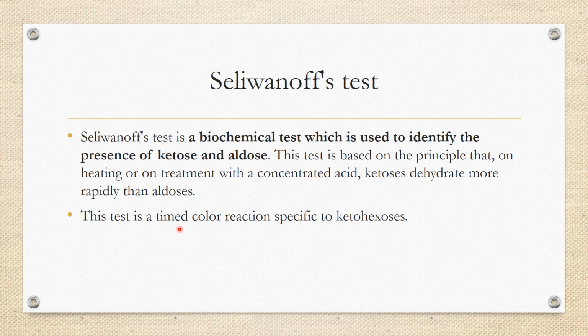If the sample has a ketose, the positive result will appear as the formation of a cherry red color in the test tube. So at the short time, which is about 30 seconds, not more, the positive result will appear.